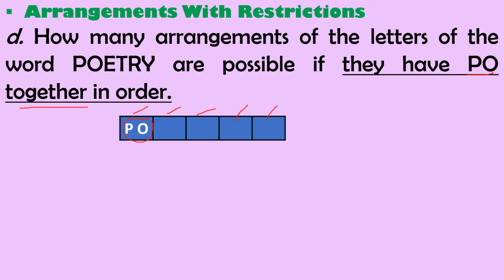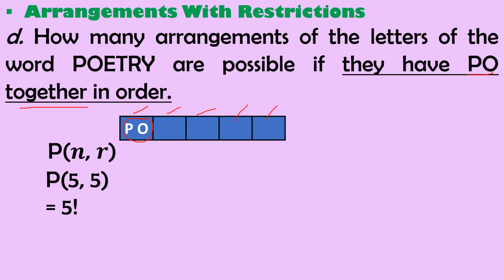So let us now use the formula of permutation, which is P of n and r. This time the value of n is 5. Also the value of r is 5. So the value of n and r is the same, so this is also equal to 5 factorial.